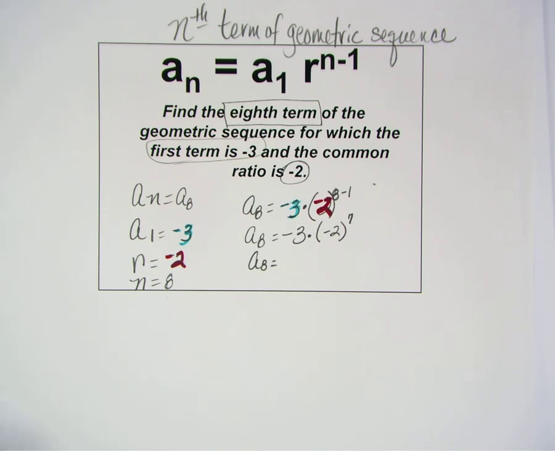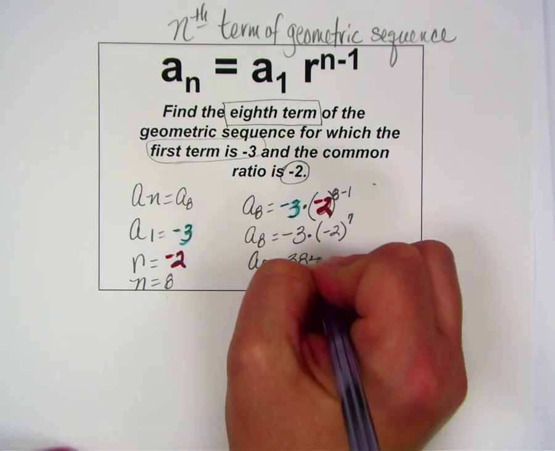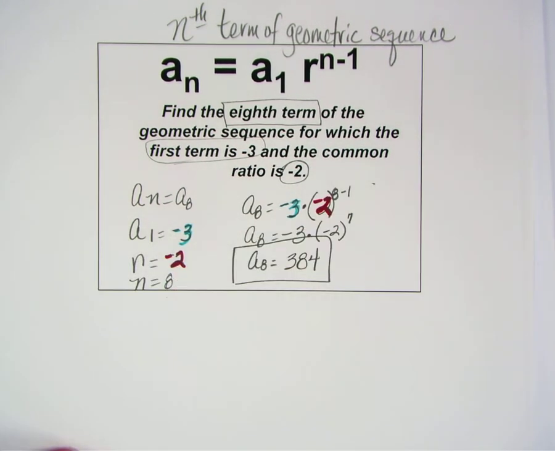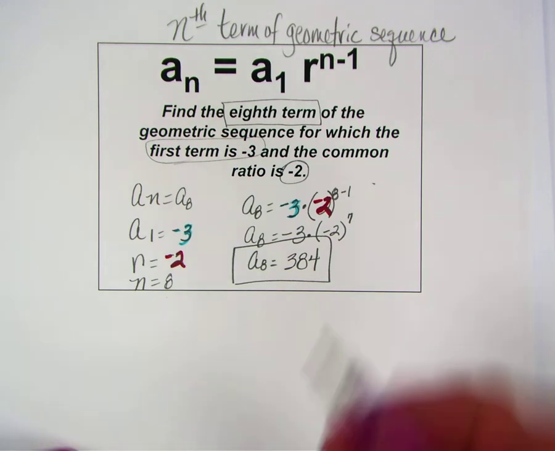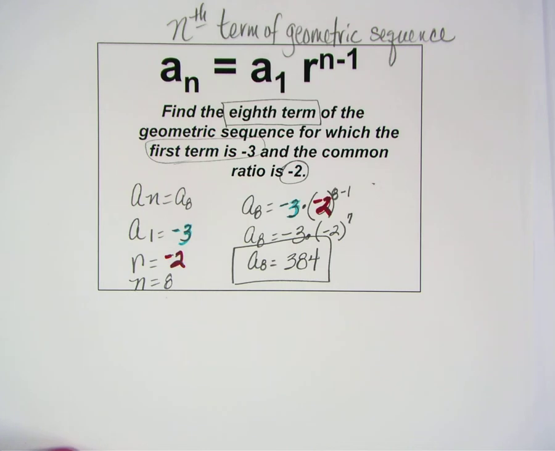Answer is 384. Would you get the same answer if you multiplied first? No. Order of operations says you have to do exponents before you multiply. Good question.